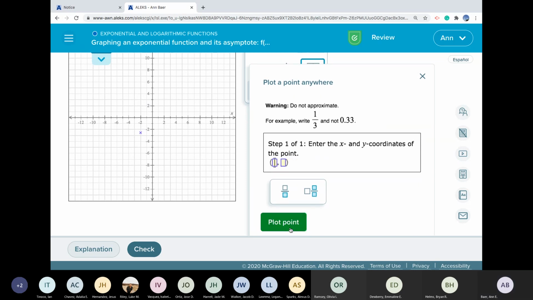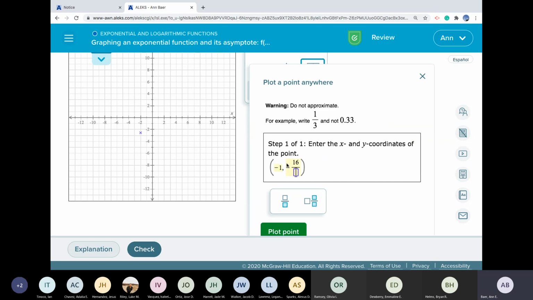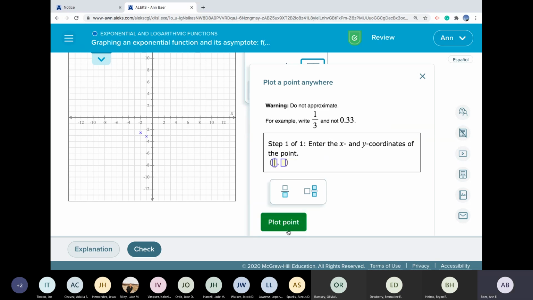Plot the point. Next one, negative 1, negative 16 divided by 5. Plot. Next one, 0, negative 4. Plot. Next one, 1, negative 5. Plot.